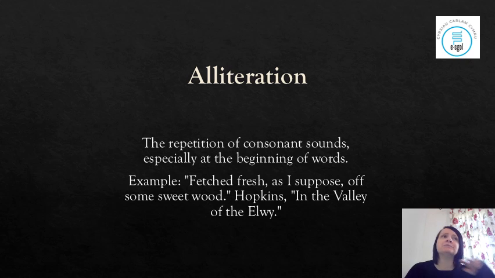We're just going to go through a few terms that you may come across, just to remind you of the types of things that you will pick up on. Alliteration is the repetition of consonant sounds, especially at the beginning of words. We'll flick through these quickly. As you'll have this as a revision guide, you can go through the terms, look at the examples that are given, and see how you can apply them to your own texts.